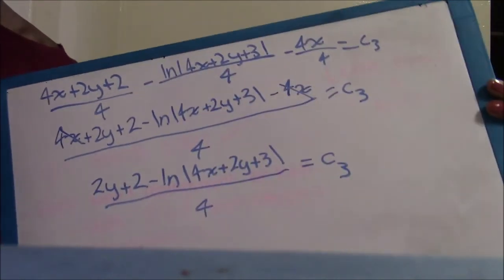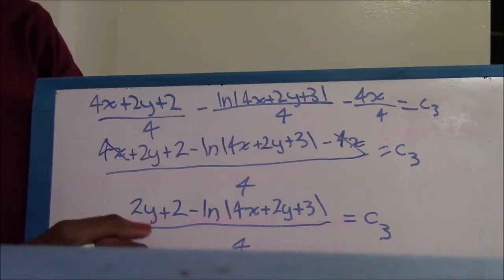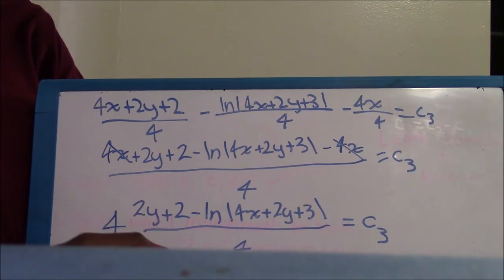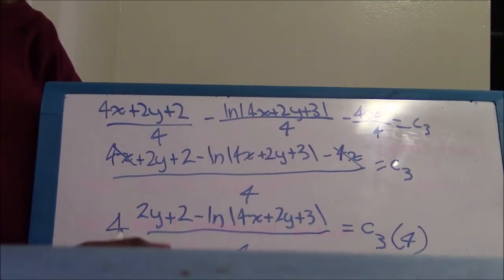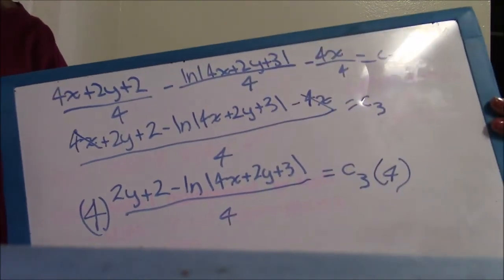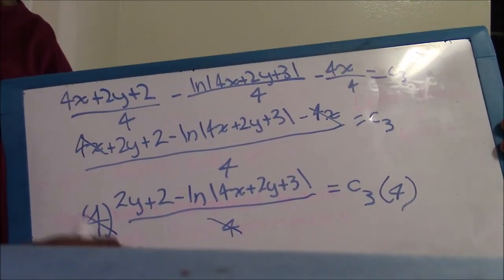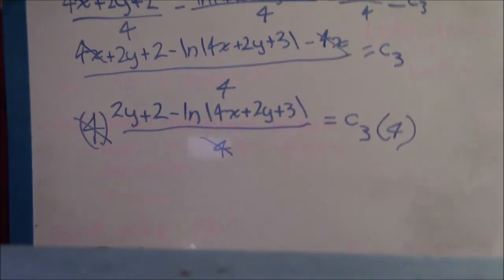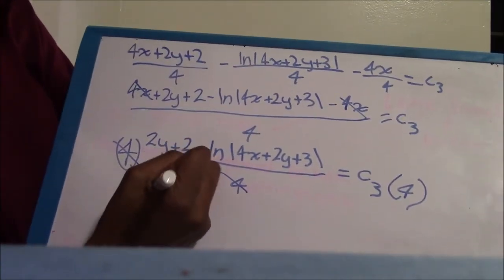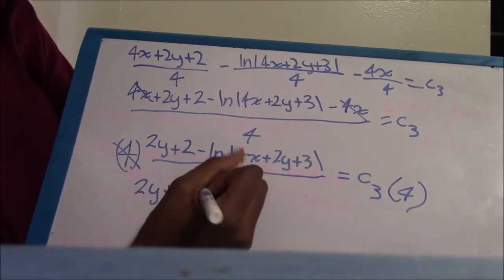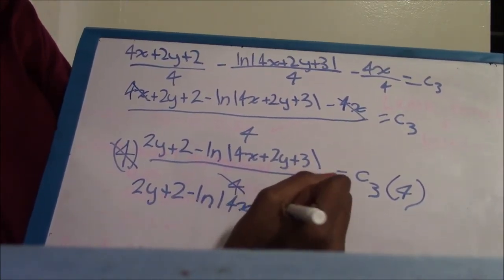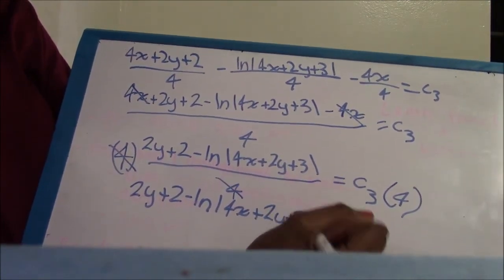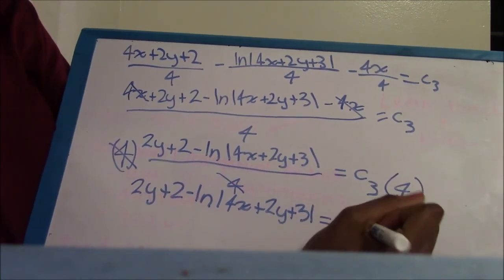Now, if we want to get rid of that 4, we can multiply 4 on both sides. And that means that these 4's cross out. And now we end up with 2y plus 2 minus the ln of the absolute value of 4x plus 2y plus 3 equals 4C3.